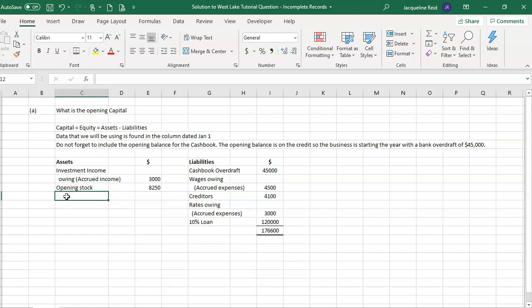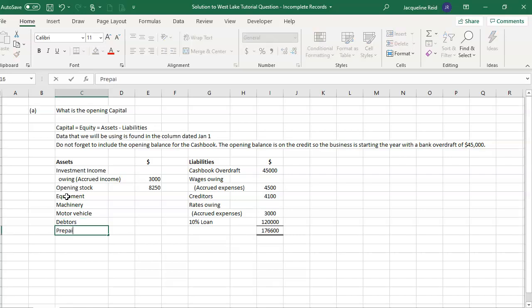Now let me come over here and complete the listing for the assets. We have equipment, which is our non-current assets. We have machinery, also non-current assets, motor vehicle, another non-current asset, debtors, a current asset, and finally we have prepaid expense.